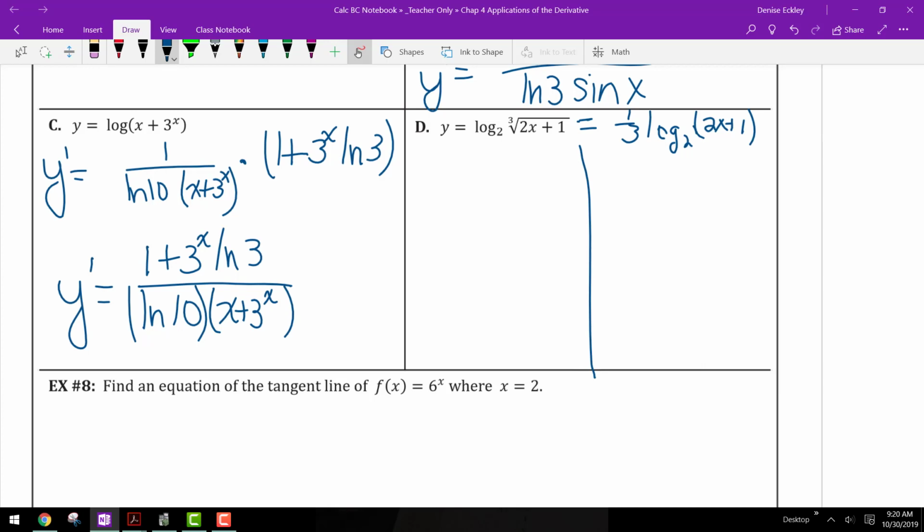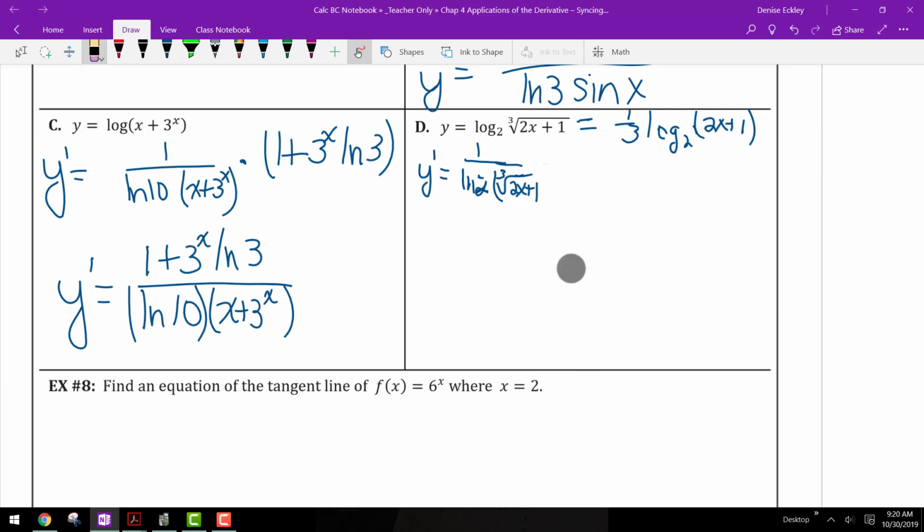So doing it just the way it was given, y prime is going to be 1 over ln of 2 times the cube root of 2x plus 1, and then we're going to have to take the derivative of the cube root of 2x plus 1, which would be times 1/3 2x plus 1 to the negative 2/3. Let me write it this way, this is looking really messy.